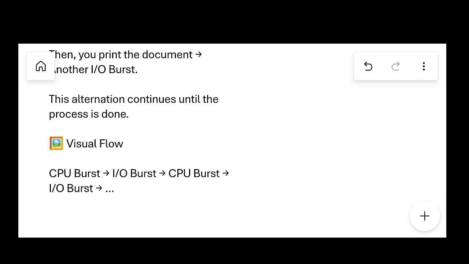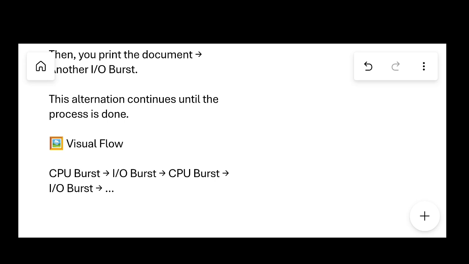Step 2, it saves the data to disk, IO burst. Step 3, it again processes data, CPU burst. And step 4, finally it prints the result, meaning IO burst. This alternation continues until the process is completed.